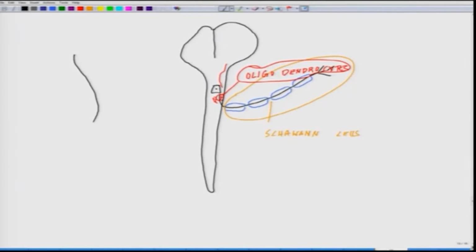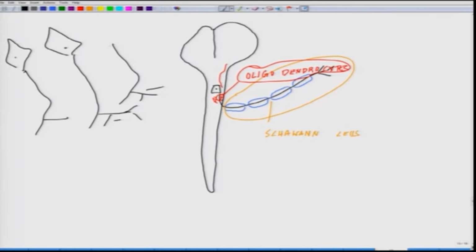Say for example, this is inside the brain somewhere, or a spinal cord. These are the processes I am talking about, with the cell body sitting there. The way this myelination happens is something very interesting. Here you have numerous oligodendrocytes, and these oligos are like this. There are thousands of oligos in and around.